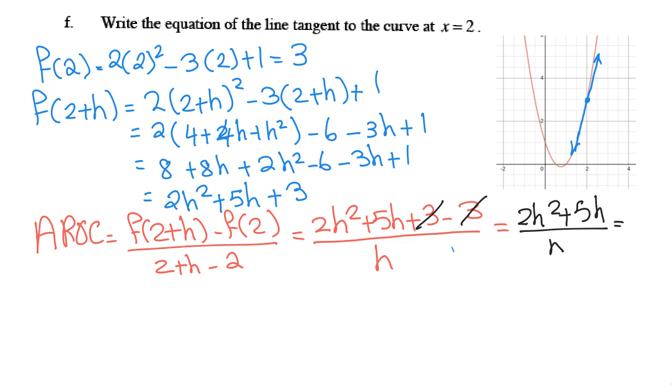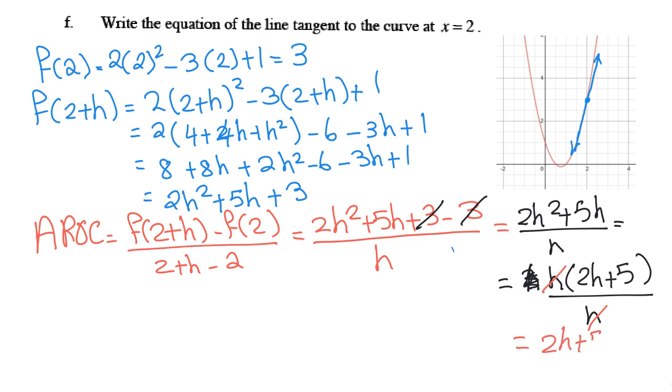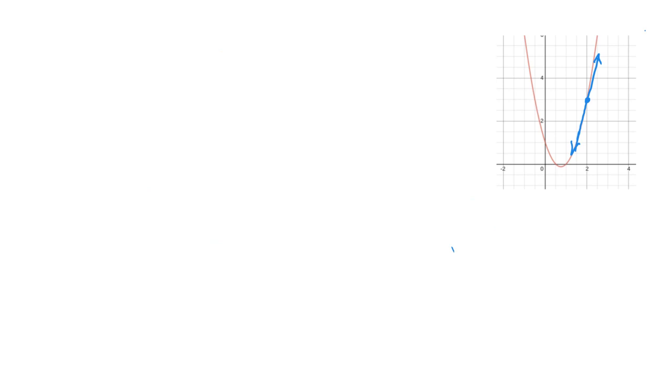Now, if I pull an h from my numerator as a GCF, it will be h out. It will be 2h plus the 5 divided by h. Now the h's cancel out, leaving us with 2h plus 5. I have found that my AROC is equal to 2h plus 5.